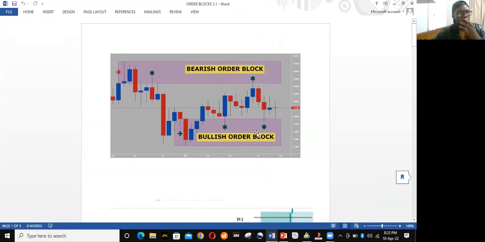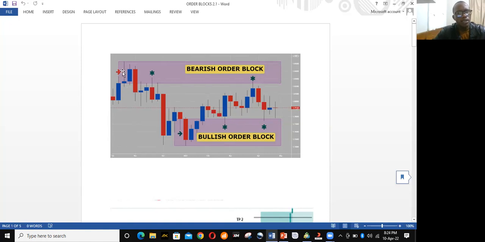Remember, we said you should identify the zones. After identifying the zones, you then need to know, when should I enter into the market? When must I enter into the market?